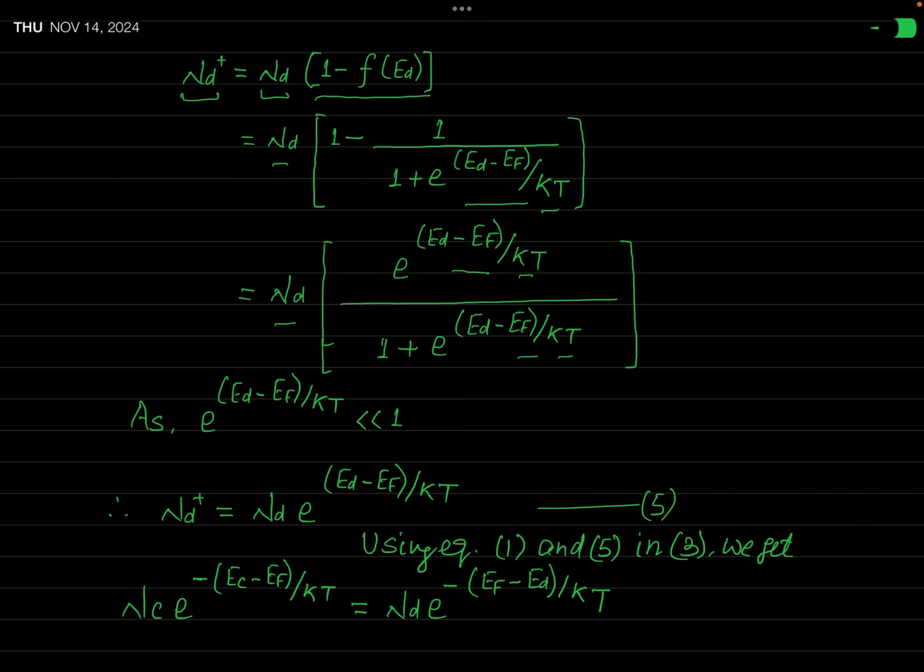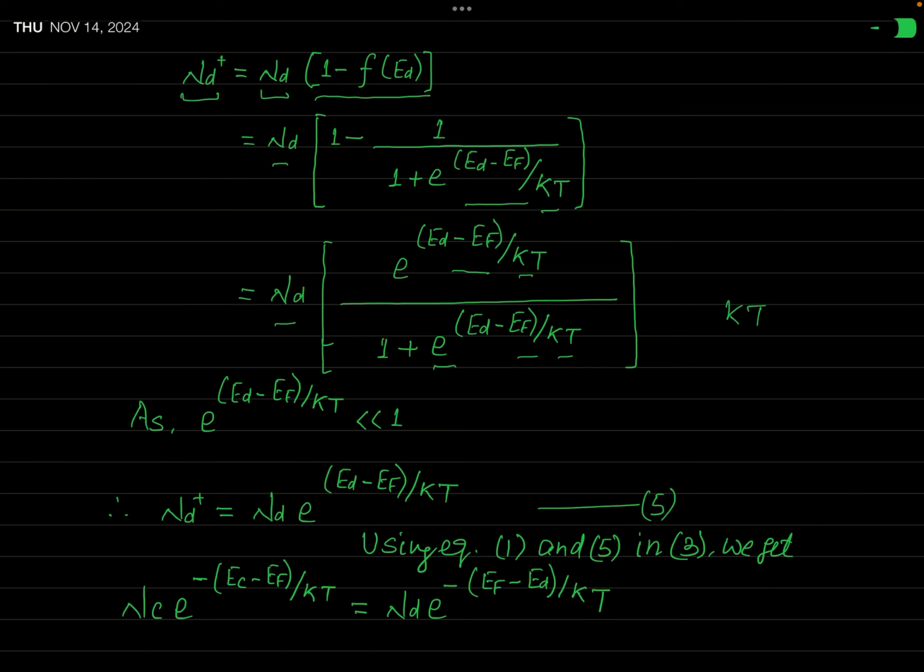But as you know, in the denominator we can neglect this exponential factor in comparison to 1, because the Fermi energy EF lies more than a few kT above the donor level ED.